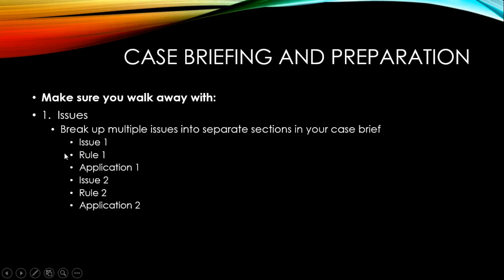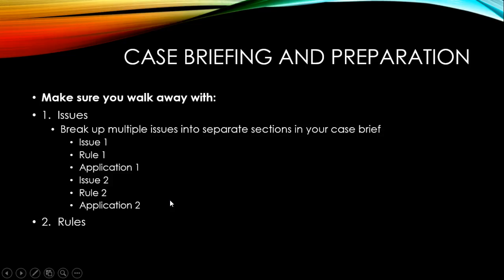Other times the court will do one big paragraph of issues, one big paragraph of all the rules you need, and one big paragraph of application. Do not do that in your case brief. It will make it difficult for you to follow the understanding, and you'll have trouble in class. More importantly, when you get to outlining, this will help you set up with your outline.